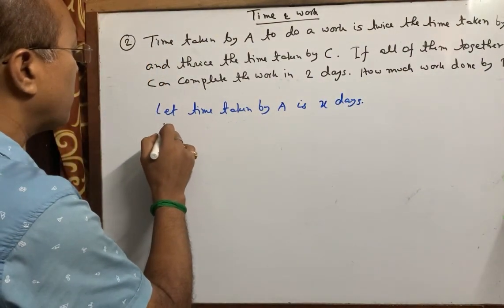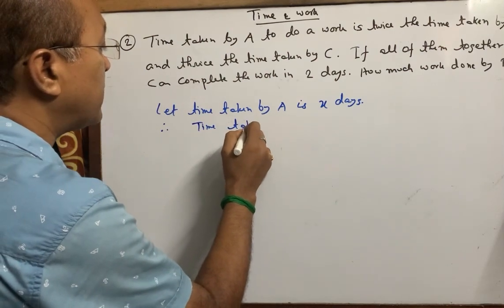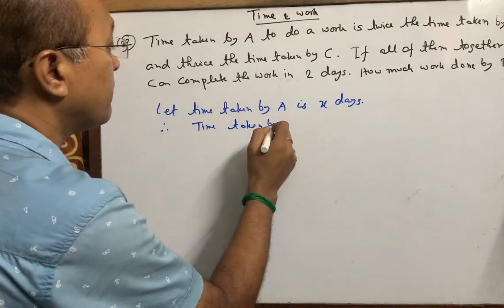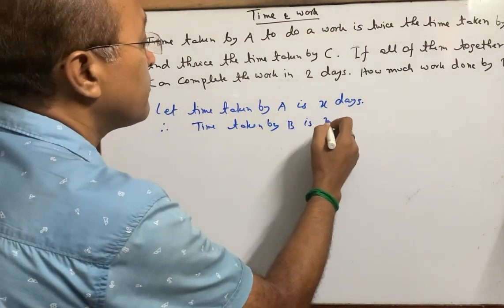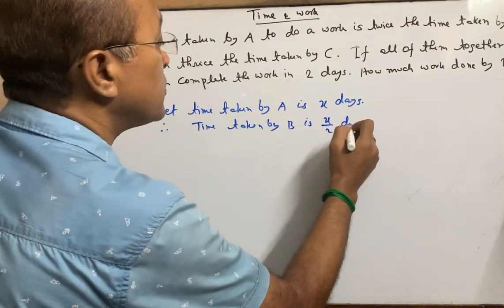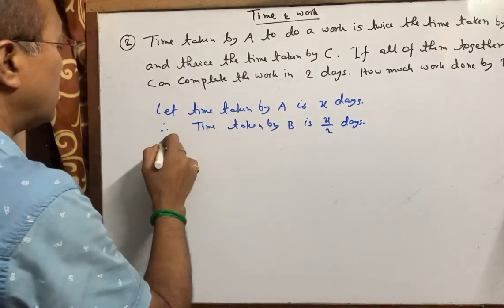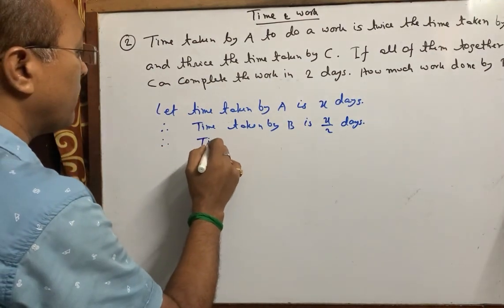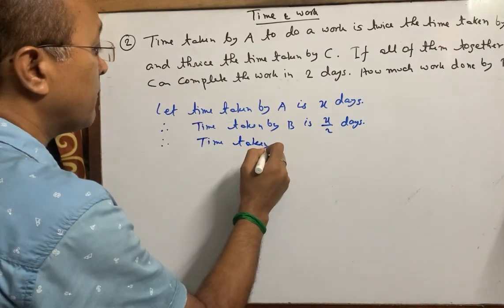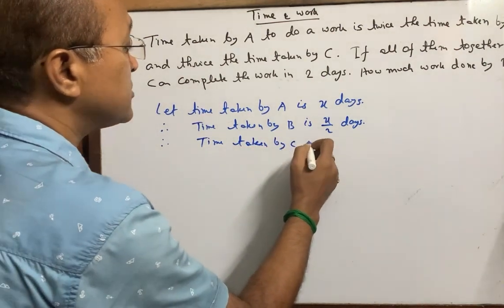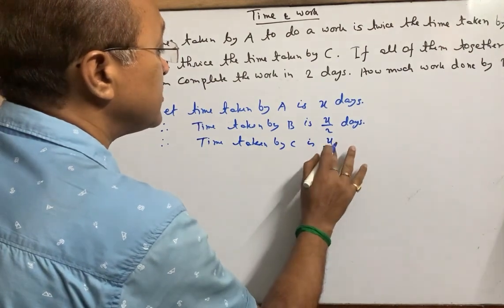Therefore, time taken by B is X by 2 days. Therefore, time taken by C is X by 3 days.